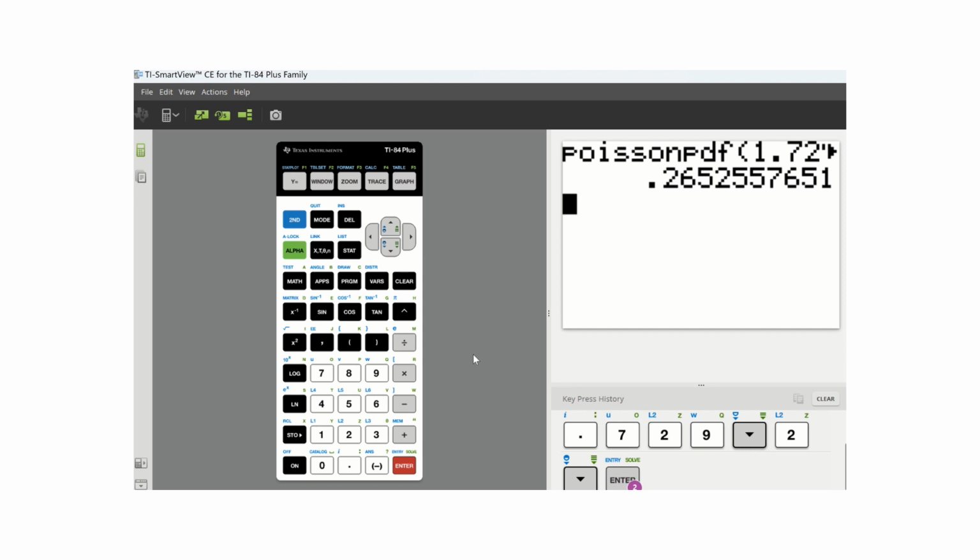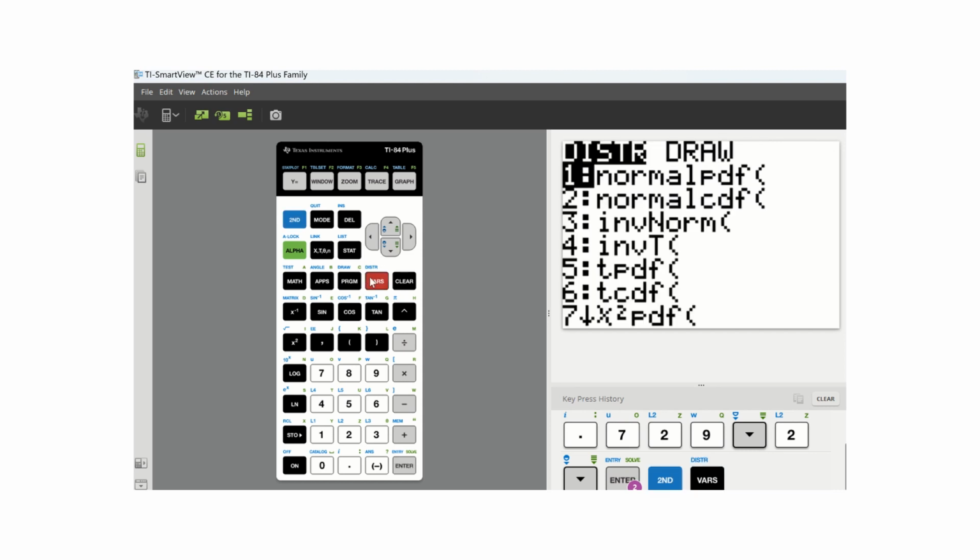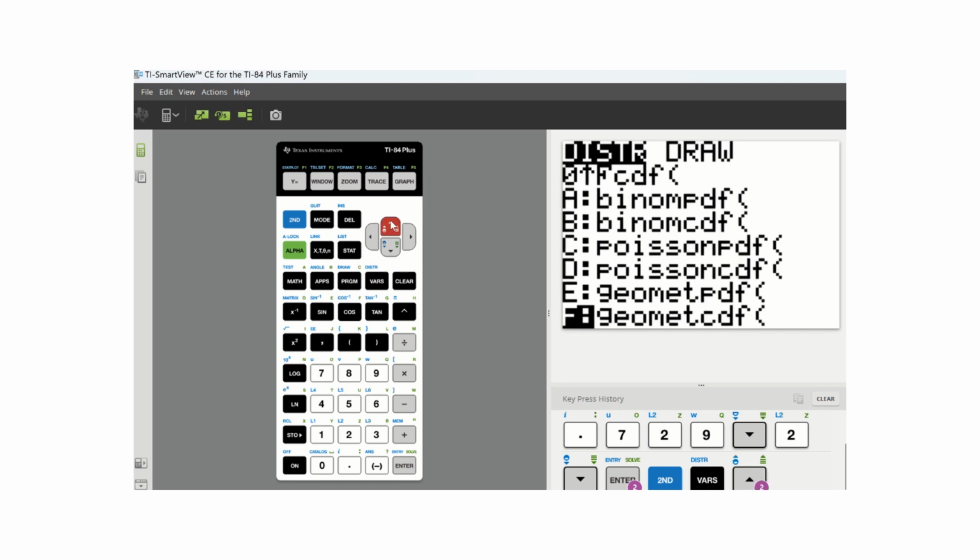So when we calculate the directional probability, let's go back to distribution. This time I'm going to go from the top and scroll up to option D, since this time we have direction. So poissoncdf, as in cumulative distribution function.